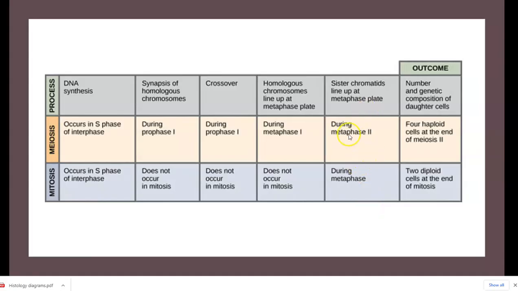So that is in common, metaphase of meiosis 2 and metaphase of mitosis. The outcome for meiosis, we have 4 haploid cells that are genetically different than the parent cell. In mitosis, we have 2 diploid cells that are genetically identical to each other and to the parent cell. And that is it.